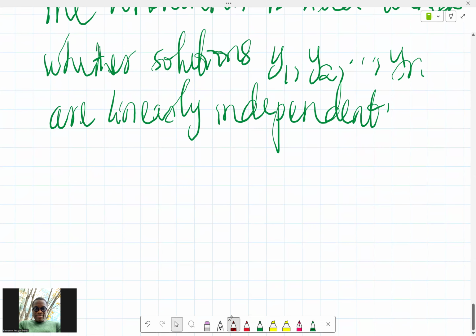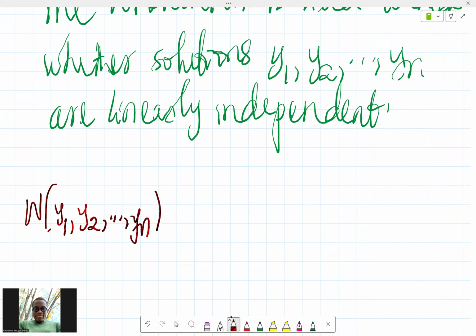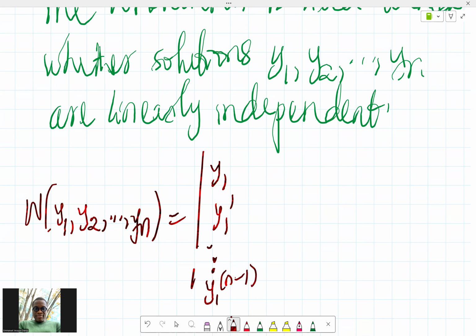The Wronskian of y1, y2 up to yn is given as the determinant of y1, then you differentiate, y1 prime, up to the n minus 1 derivative.